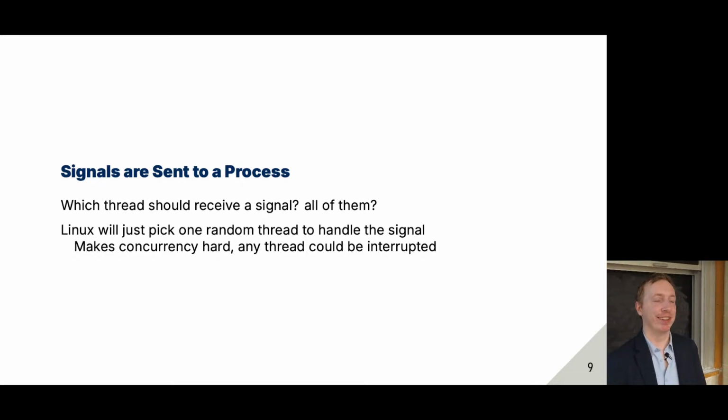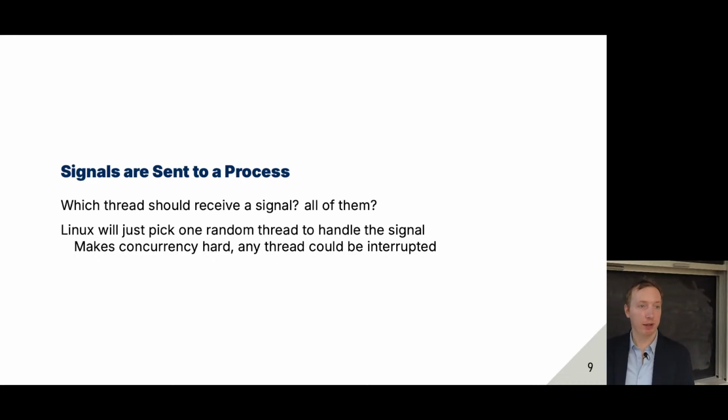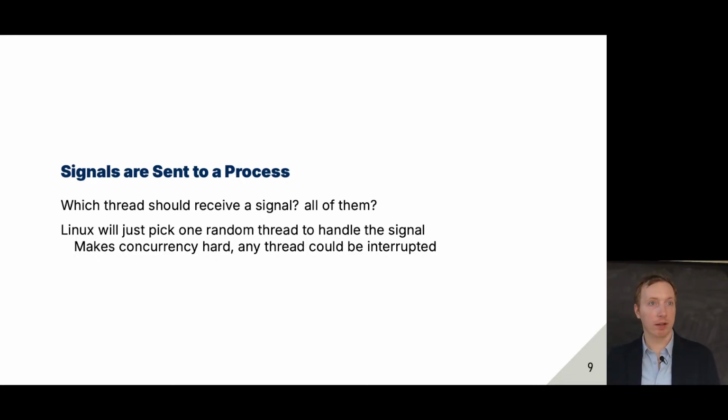Yeah. If I use the one-to-one user thread to kernel thread, if one thread is interrupted, can you not just switch to other threads? If you have user threads, all of the user threads are mapped to a single kernel thread.